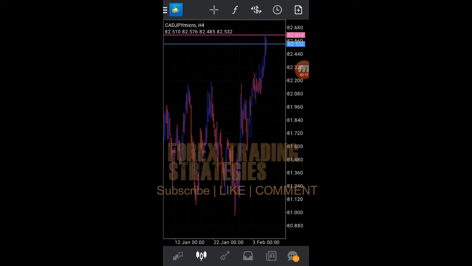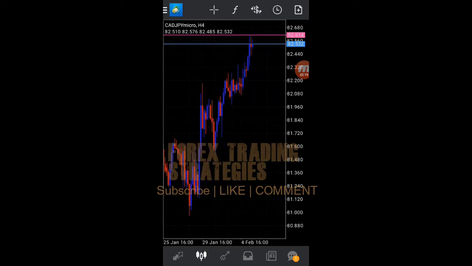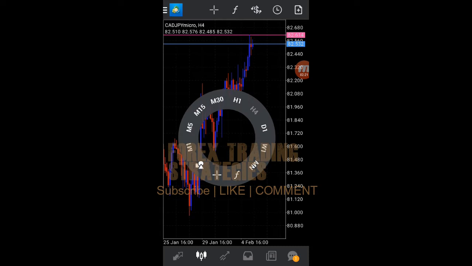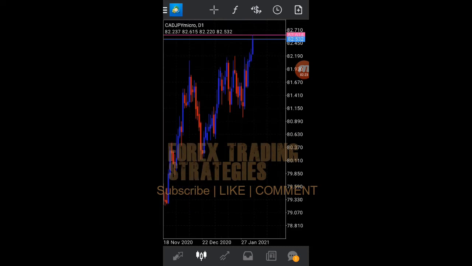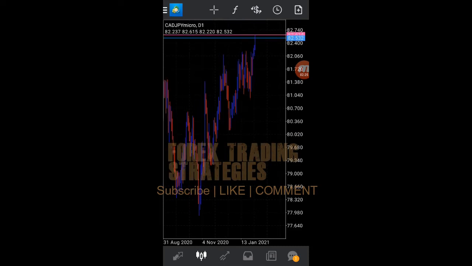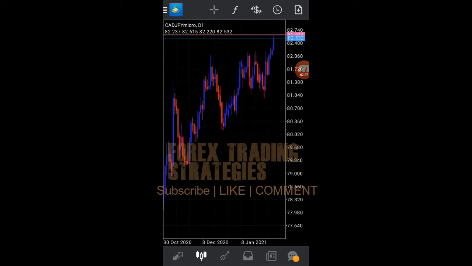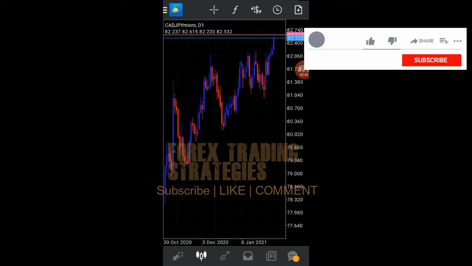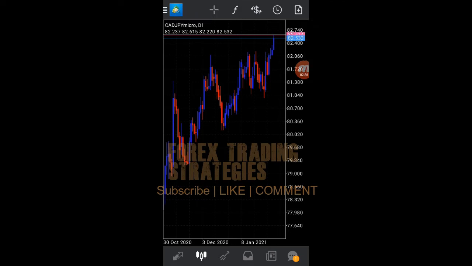So what usually happens though is, like I told you, I love playing the higher time frames. I do scalp sometimes, but my bread and butter is higher time frames. So for example, here we've got CAD JPY, Canadian dollar versus Japanese yen.